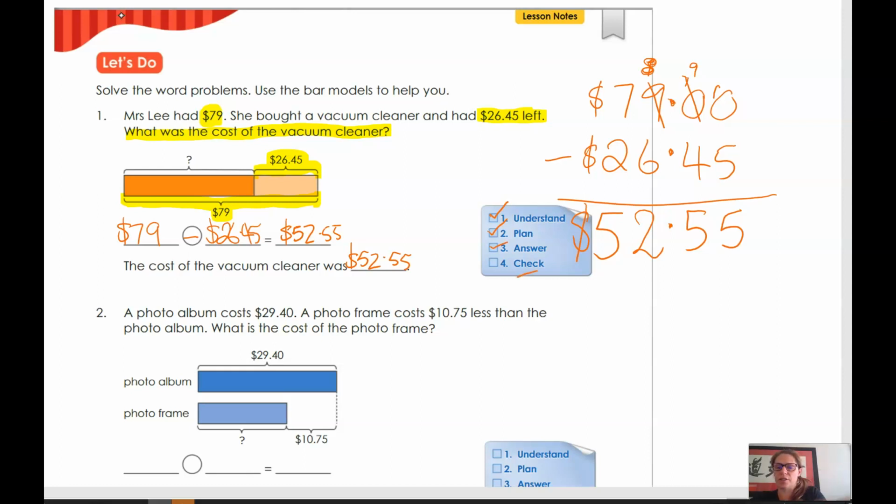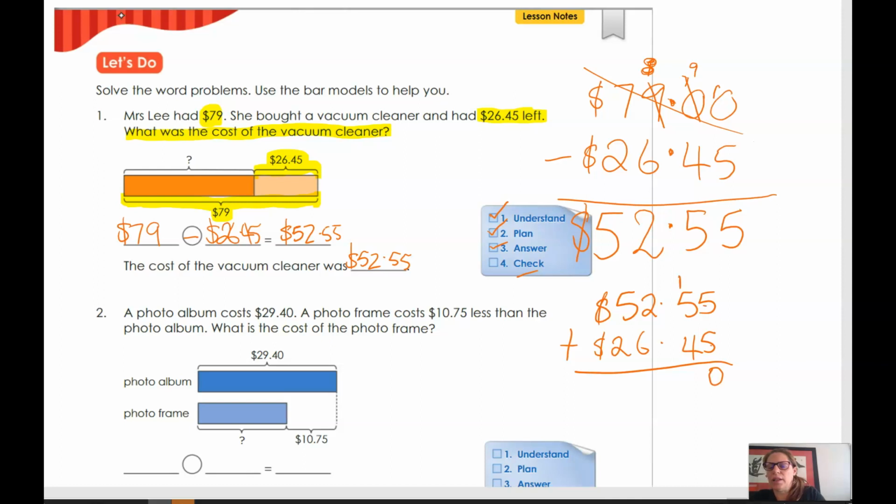Oh, but look, I have to check. So we're going to do addition. We're going to take that $52.55. We can't use the $79 because that's what we want the answer to be. So we're going to add $26.45. Now we have to do a little bit of regrouping, but the regrouping for addition is easier, I think. So 5 plus 5 is 10.